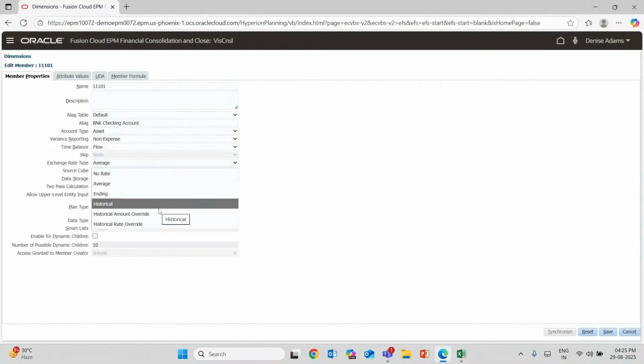Sometimes clients give you another historical rate. In that case, we choose this historical rate override, and the currency translation has been done.